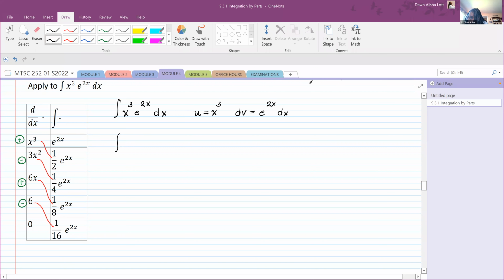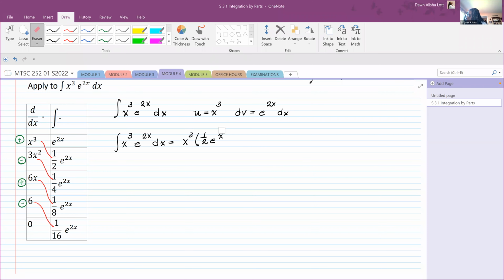So I get the integral of x cubed e to the 2x dx. It's going to be x cubed times 1/2 e to the 2x.